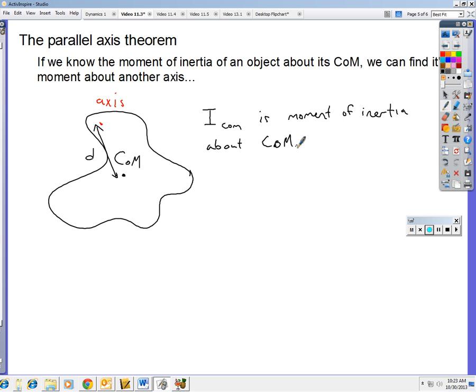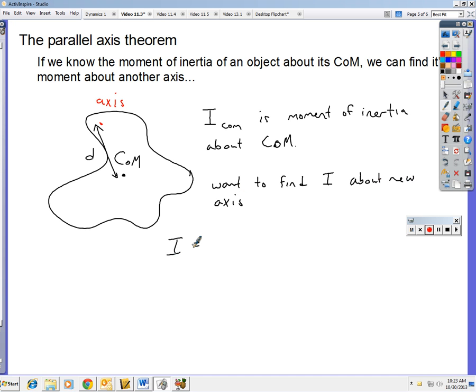So we're told that, or we have some other way of finding that, and we know what the moment of inertia is when it's rotating about the center of mass here. And we want to find the moment of inertia about this new axis. To do that, it's actually very easy.